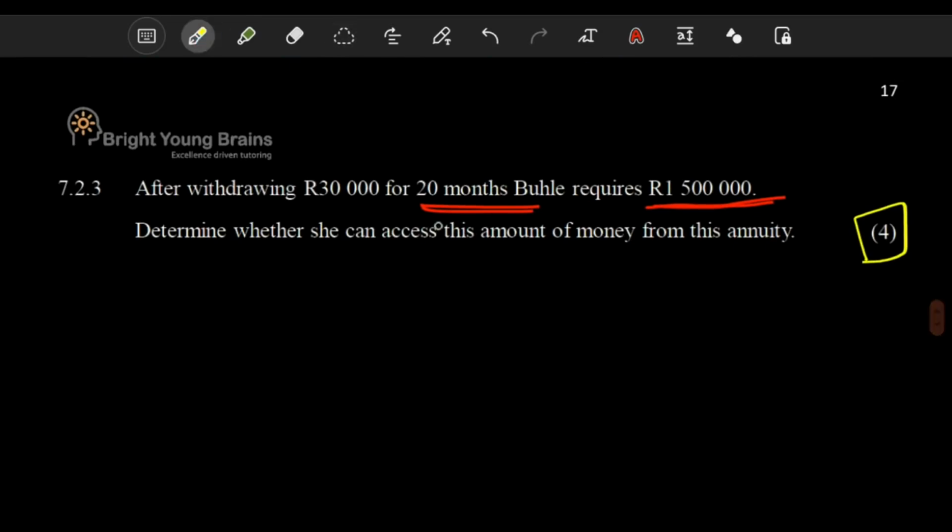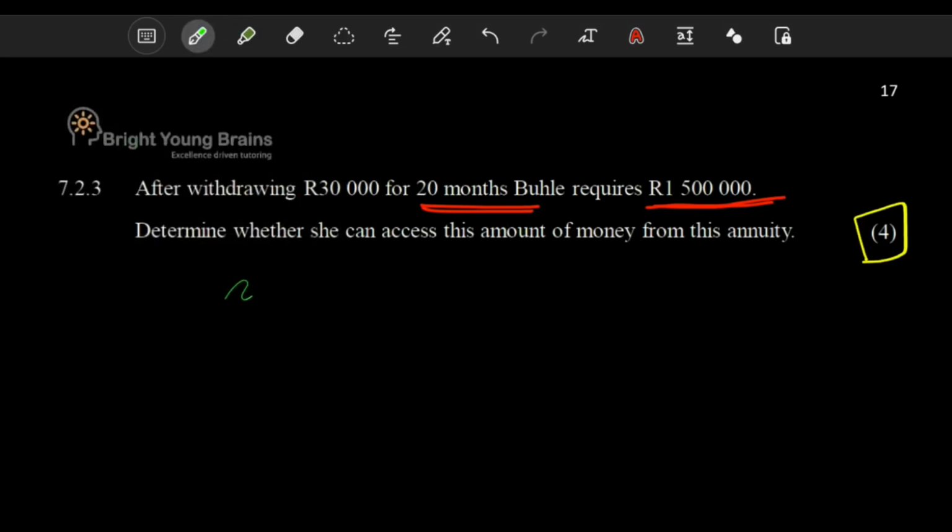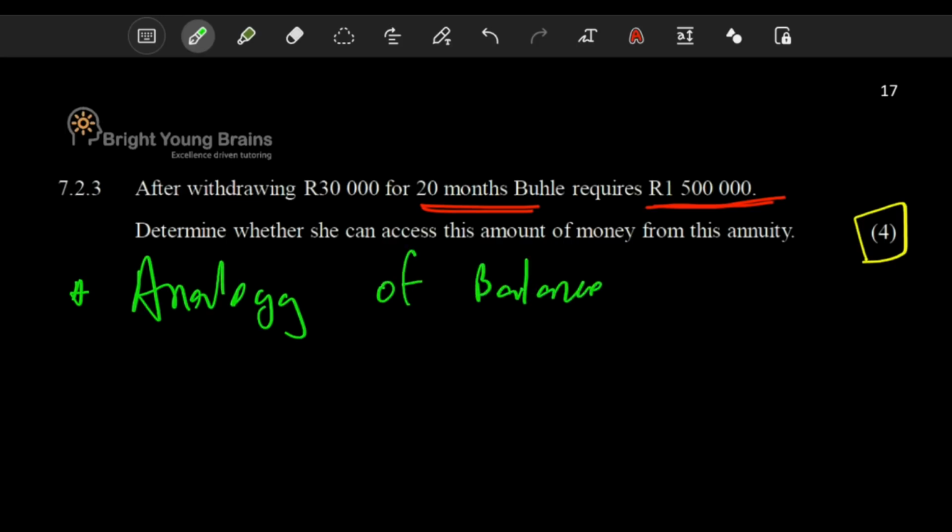So in this case, we just have to find out what is the balance on her investment after 20 months. It's almost like a balance on the loan. So here, let's say, analogy of balance on a loan. That's the analogy that we use for this question.